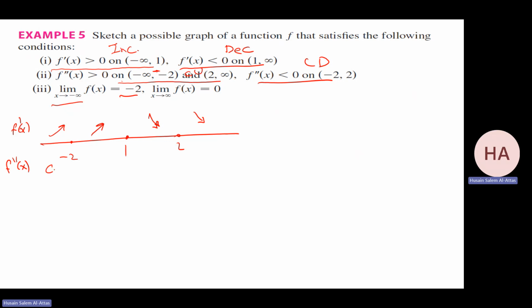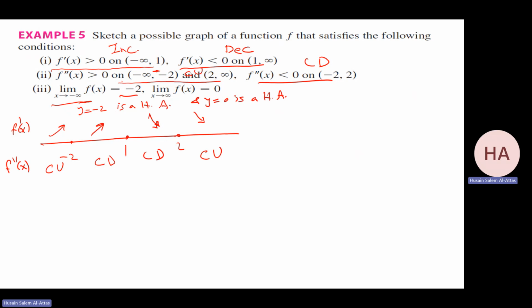This is concave up. F double prime is positive. From minus 2 and from 2 to infinity, also concave up. From minus 2 to 2, it's concave down. And I know that there is an asymptote here. So I have y equals minus 2 is a horizontal asymptote, and y equals 0 is a horizontal asymptote.